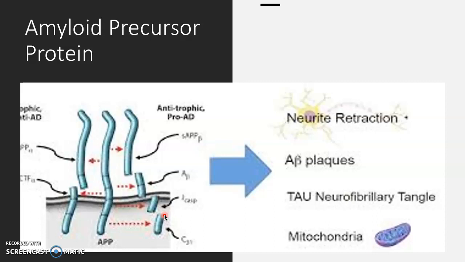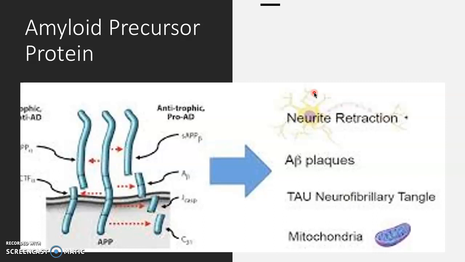You can see there on the right, it builds up amyloid plaques and the neurofibrillary tangles. It causes mitochondrial dysfunction, so you're not going to get your energy. It causes neurite retraction, so these dendrites, maybe the axons, the spines, they all kind of retract back where they're not going to communicate as well.